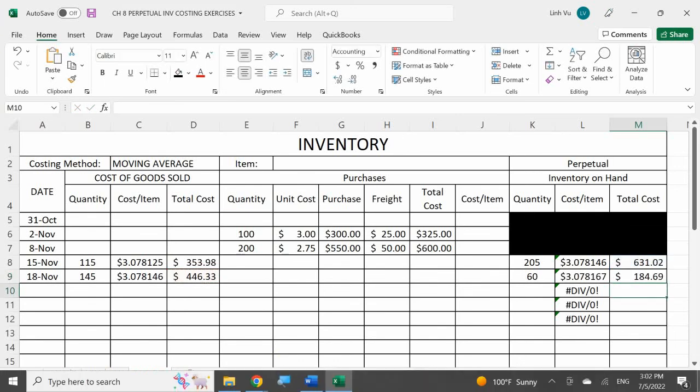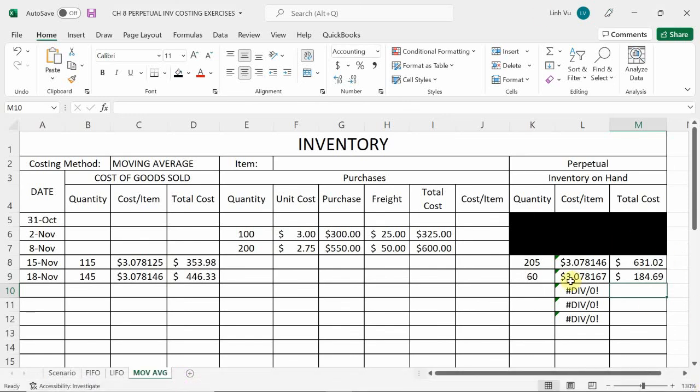That gives me an average cost per item of 3.0783167. So it increased again by a fraction of a penny. I only have 60 units available to sell.